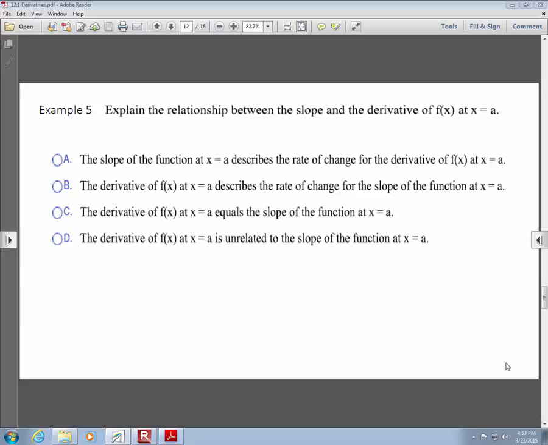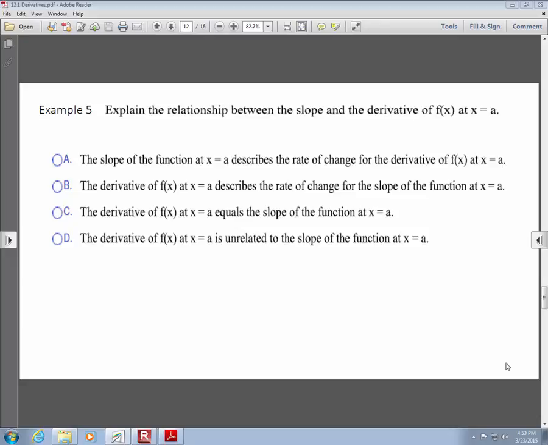So, when you're finding the derivative, you're finding the slope of every point of the function. Anytime you're finding the derivative of a function, you're finding another function that will give you the slope of every point of your original function.